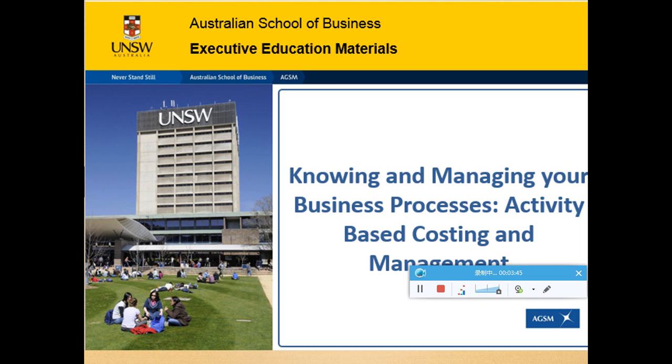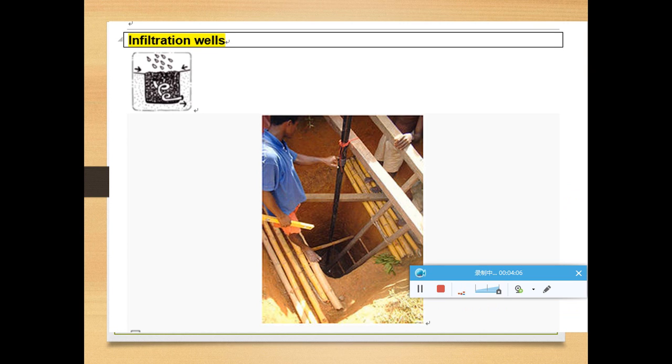And here are some examples which I finished this year. Well, this is a PowerPoint in the business school in the uni, and this PowerPoint is used for training the elite from all over the world. And this one is an introduction for infiltration wells, and in this text there is lots of terminology in the source text.